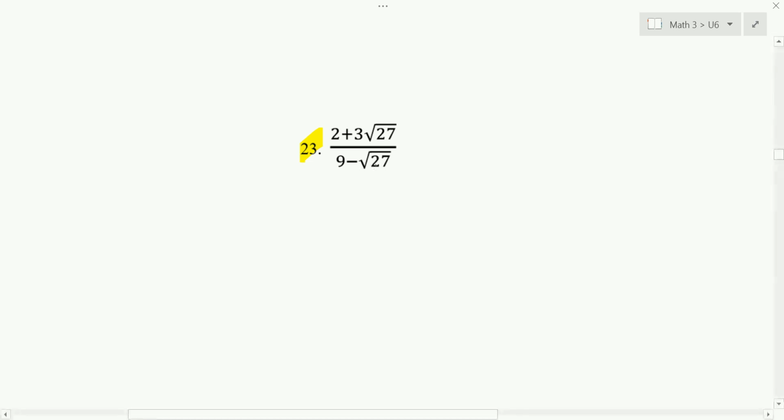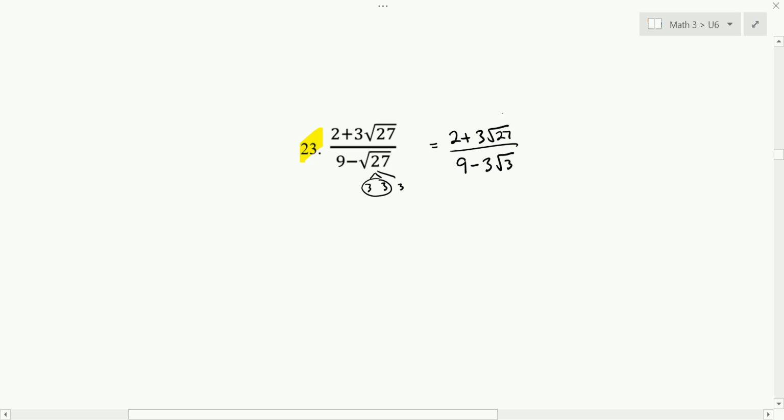We're going to need to use conjugates again here, and we can simplify this a little bit first if you'd like. 27 is 3 times 3 times 3, and so we can pull out a 3 from this, and we end up with 2 plus 3 root 27 over 9 minus 3 root 3.